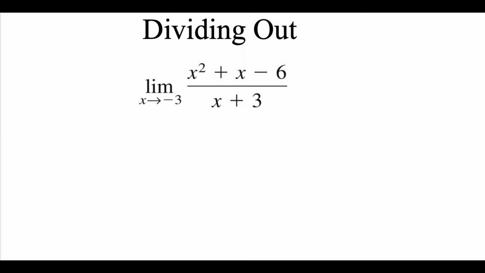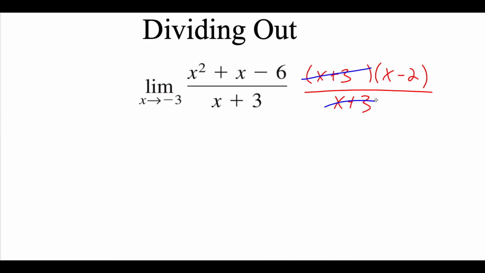So when we're doing dividing out, we're going to rely on some algebra that we've learned along the way. This top quadratic is actually factorable. It's going to factor into x plus 3 and x minus 2. And then the denominator is still x plus 3. Because we have that x plus 3 on top and on bottom, we're allowed to cancel that factor out. So this reduces down to just x minus 2.